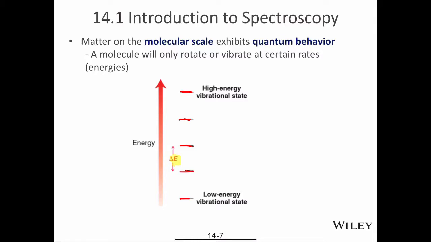The difference in energy, or the delta E, between allowed energy levels is determined by the nature of the bond. What we will see in a little bit is that delta E is related to things like bond strength, or the mass of atoms in the bond.